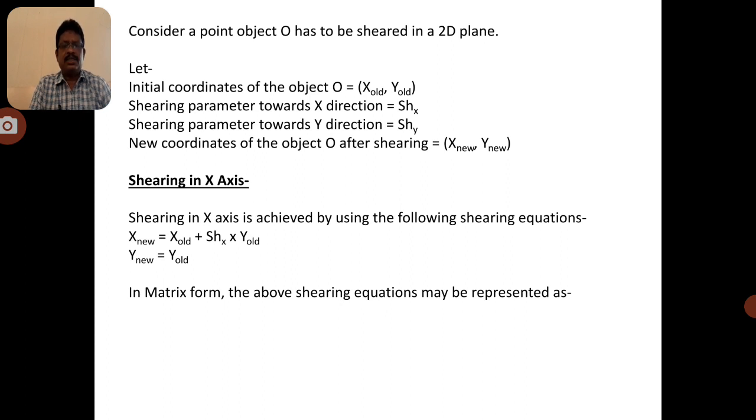When we find the x new value, you can take the shearing in the x-axis. So the transformation is taken on the x-axis only. When we go through shearing in the x-axis, the y-axis is idle.